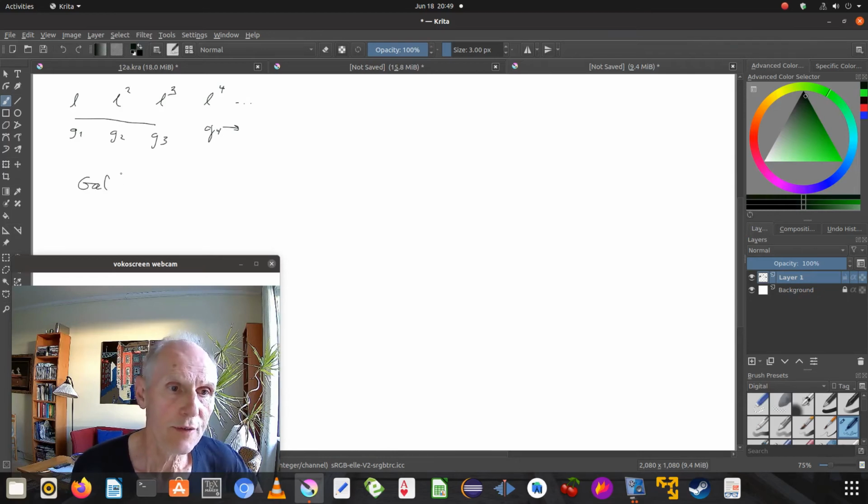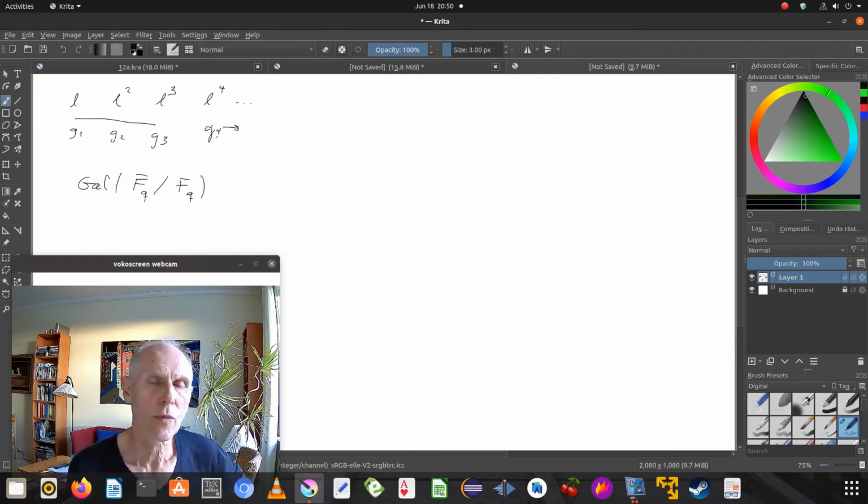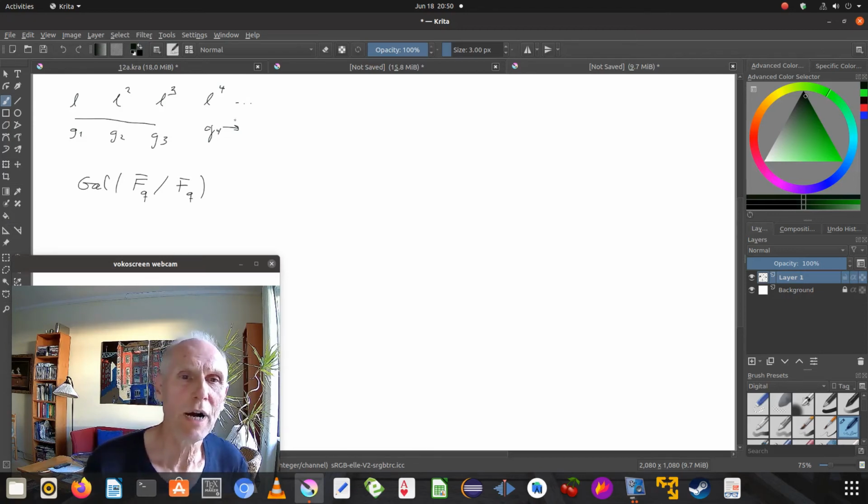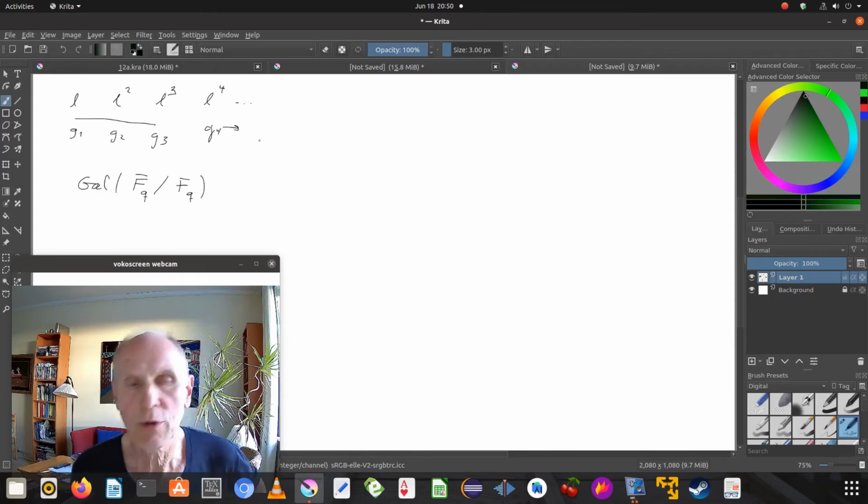Let's be more specific about the Galois group. They can of course be combined so that we multiply all of these with G4, and then another guy G6 operates on all from here on up.